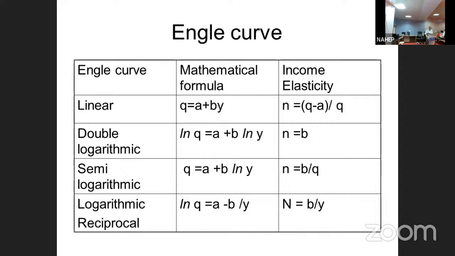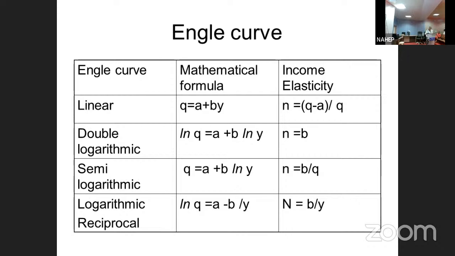Engel function, if it is a linear model, if it is a double log model, if it is a semi-log model, we look at the reciprocal model. I think here you don't need much explanation. And then you compute the elasticity from that.